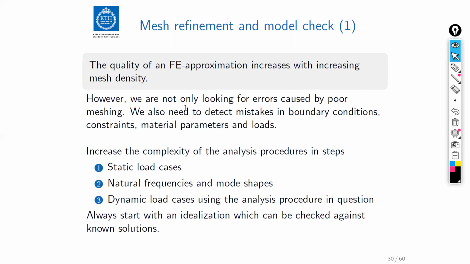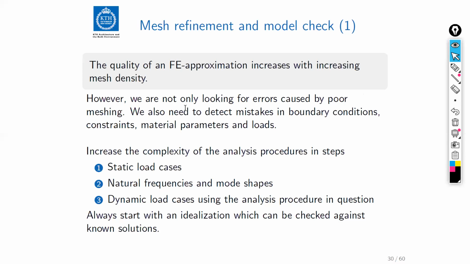But at the same time, in these early stages of modeling, we are not only interested in the errors that arise due to poor meshing, but we also need to ascertain that we model boundary conditions in a correct way, that all our constraints are created in a correct way. We need to check and double check that all our material parameters and loads and parameters related to loads are correct.